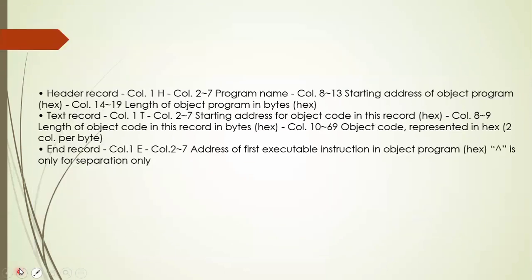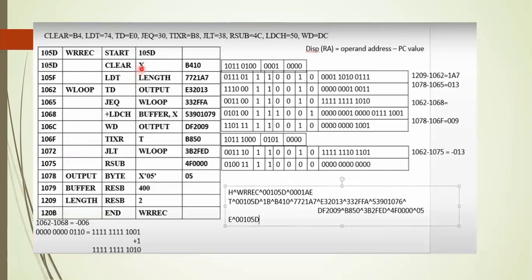When we see here, it consists of only one register, that is X, and the mnemonic value of X is nothing but 1. So what you have to write is, for CLEAR X, they have already given the opcode, that is B4. So B4 will be written in hexadecimal values. The binary for B is 1011 and 4 is 0100.